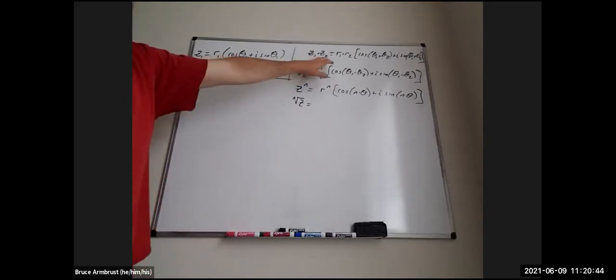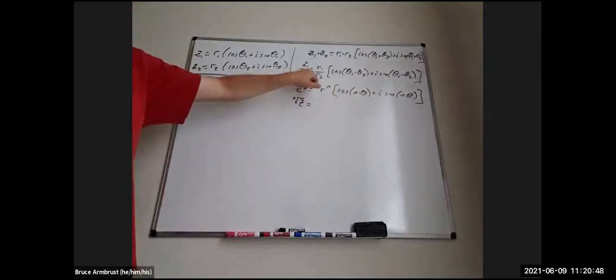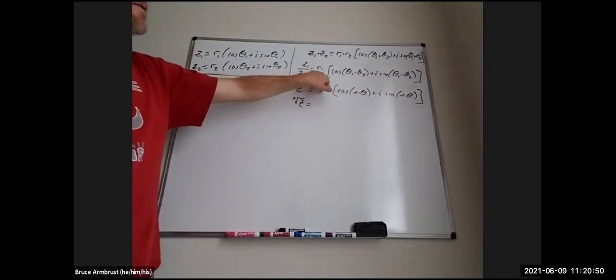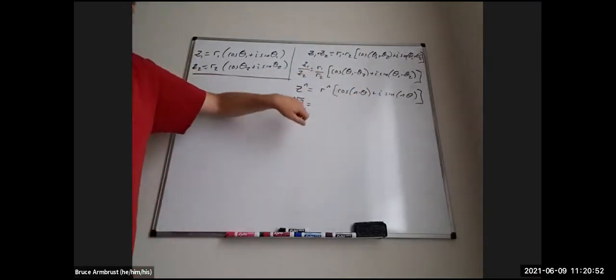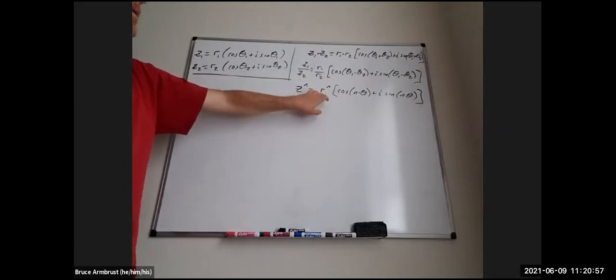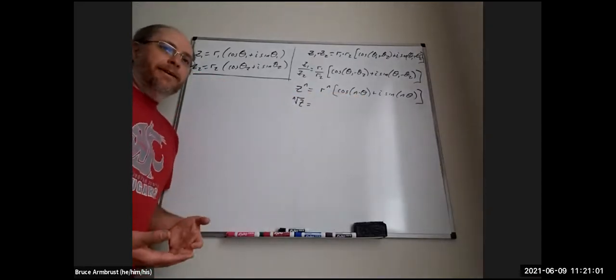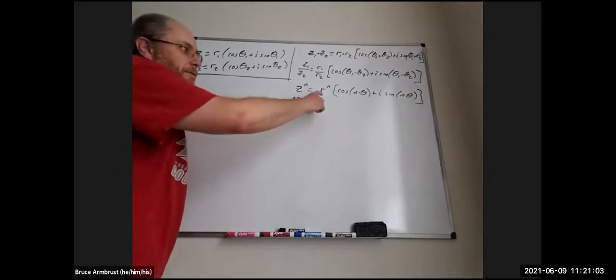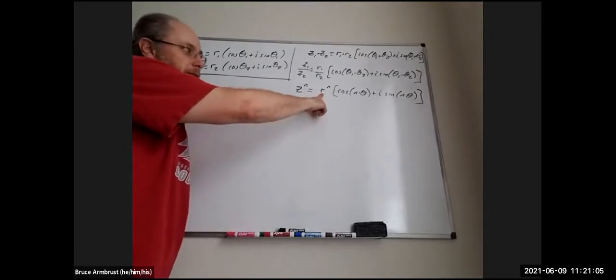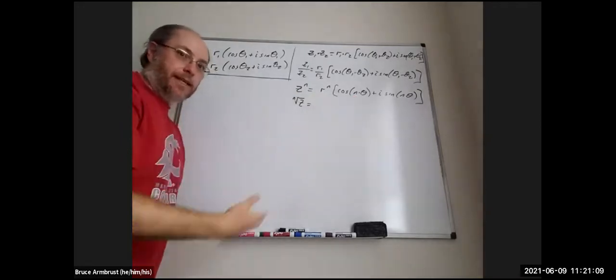With multiplication, we just multiplied the absolute values and added the angles. With division, we divided the absolute values and subtracted the angles. And then if we took something to a power, we took that absolute value and raised it to the power, and then just multiplied the angle by n. So it's basically, we did repeated multiplication on the absolute value and repeated addition on the angle, and it led to that form.